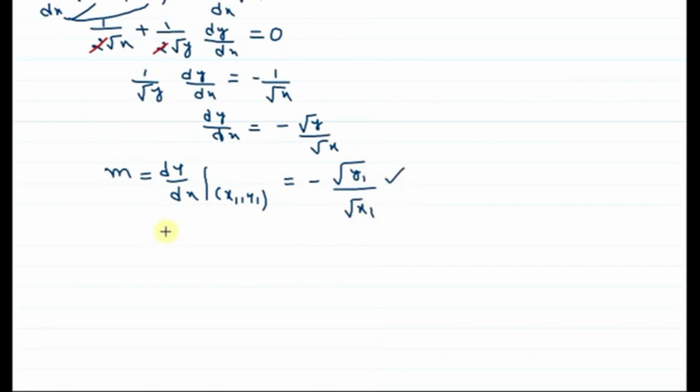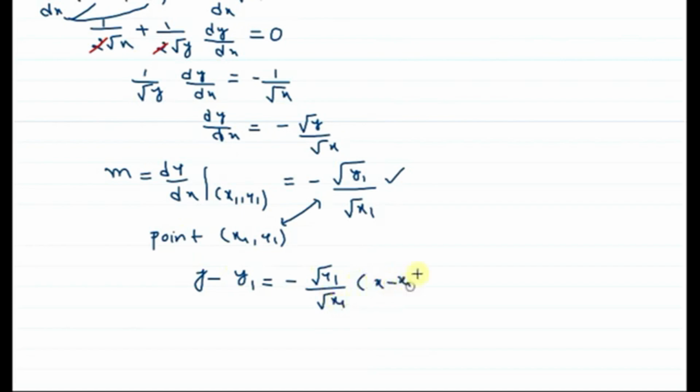So m is there already, and the point is given, (x1, y1). When the point and slope are given, substitute in the equation of the tangent: y minus y1 is equal to minus root y1 divided by root x1 into x minus x1.